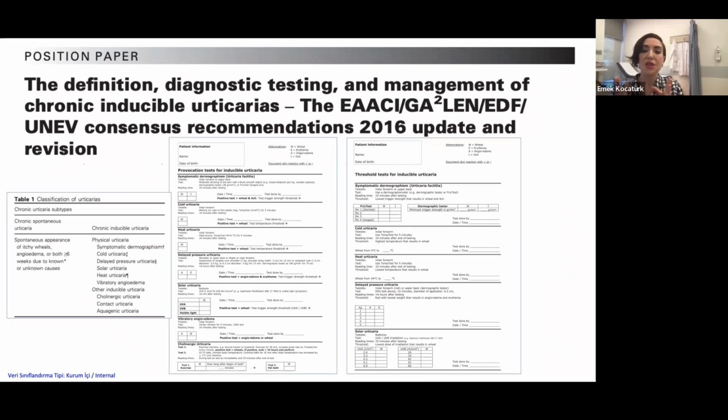So you can give a definite temperature that the patient reacts to. We have many types of tests, with details for inducible urticaria patients. So I invite my colleagues to read these papers and see the details of provocation testing for inducible urticarias.